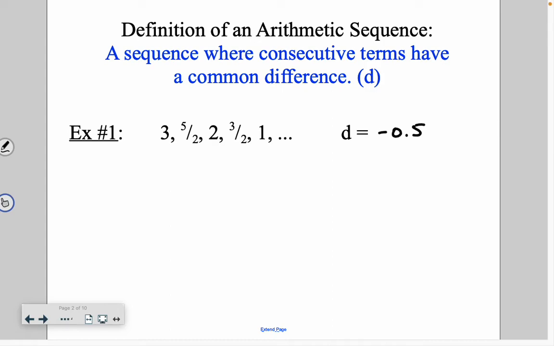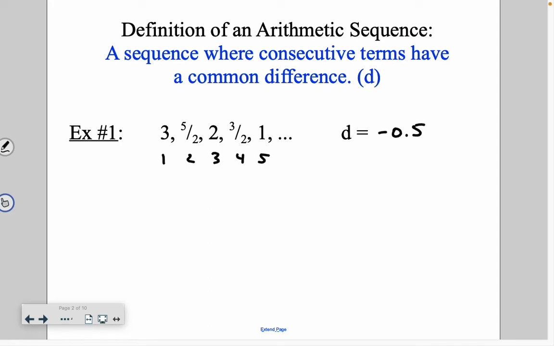Well, if I plotted the points, for example, if this was my first term, second term, third term, fourth term, fifth term, if these were my x-coordinates, 1, 2, 3, 4, 5, and those were my corresponding y-coordinates, you'd be plotting a line with a slope of negative 1/2. That's why an arithmetic sequence is unique. That's why we look more into it, because it's really just a linear pattern.